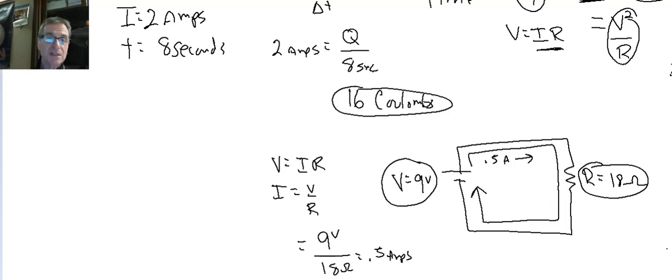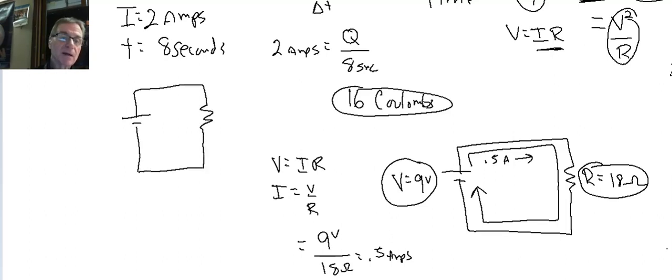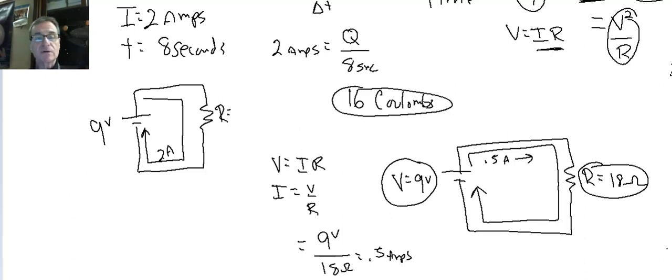I can find the resistance in a circuit the same way. Let's say I have another circuit over here. I've got a resistor there. I'll use the same 9-volt battery. And let's say now that I've got 2 amps of current flowing in my circuit. I would like to know the resistance R of that resistor.